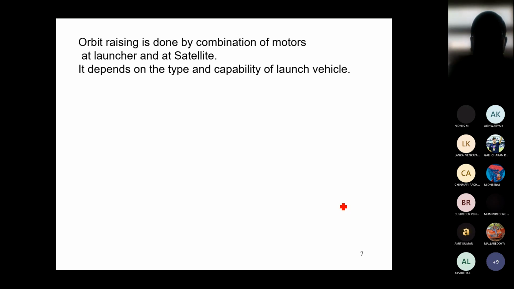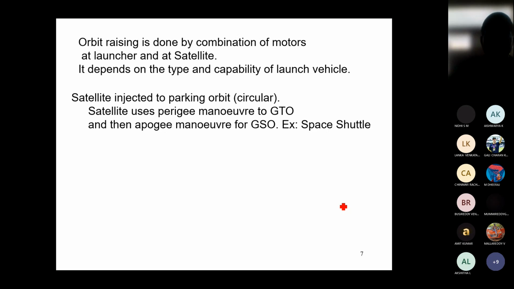So the orbit raising is done by a combination of motors at the launcher and the satellite. It depends on the type and capability of the launch vehicle. So the satellite is injected to parking orbit, which is a nearly circular orbit. The satellite uses perigee maneuver to GTO.